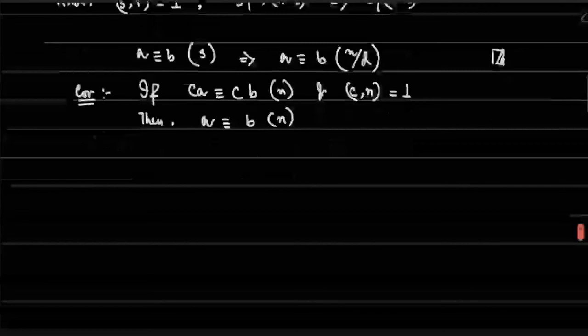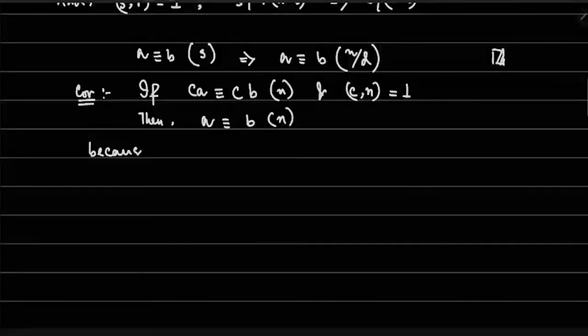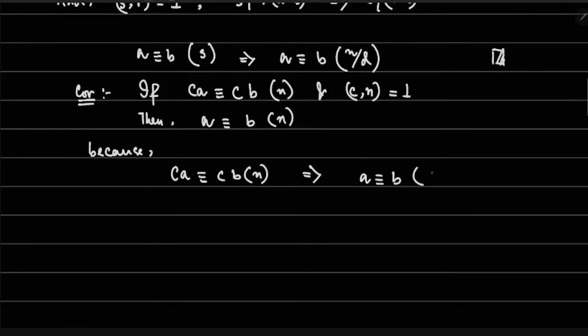Because the proof is like that: ca is congruent to cb mod n implies that a is congruent to b mod n by d, where d is the GCD of c and n. Now c and n are relatively prime, they are co-prime to each other, so d has the value 1. That will give us the relation a is congruent to b mod n.